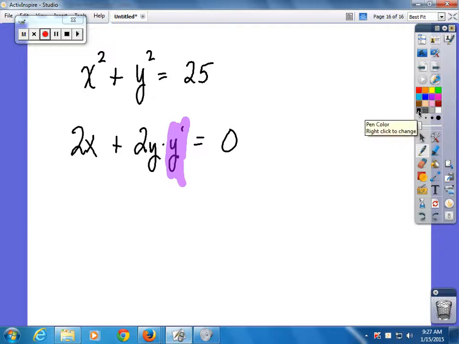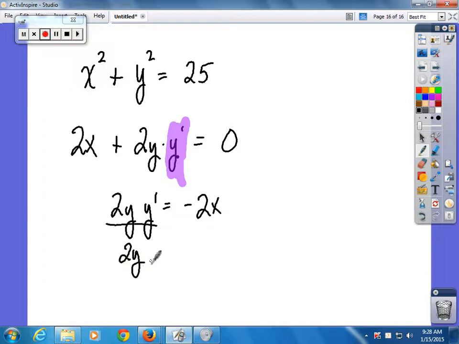Alright, so I'm going to solve for y prime. Bring this over, so that'll be 2y times y prime is equal to negative 2x, divided by 2y, divided by 2y. Y prime is equal to negative x over y.